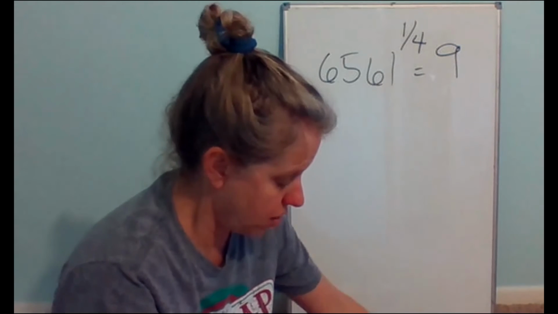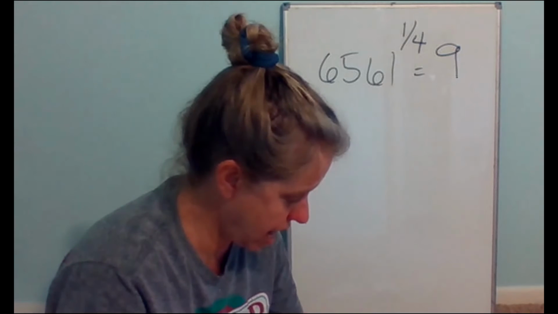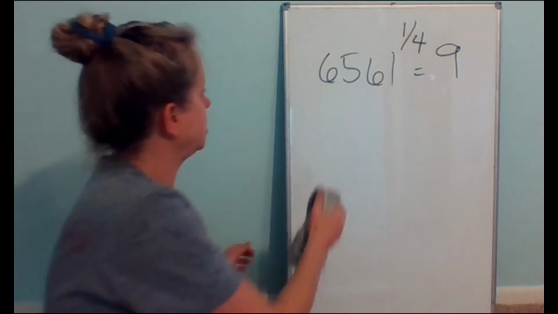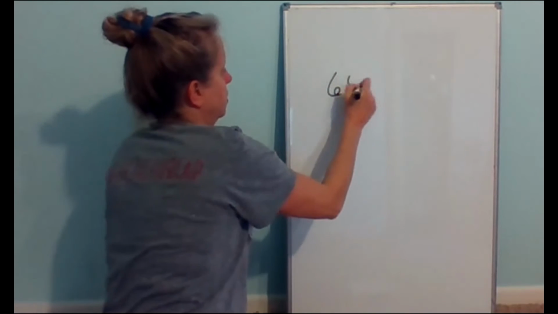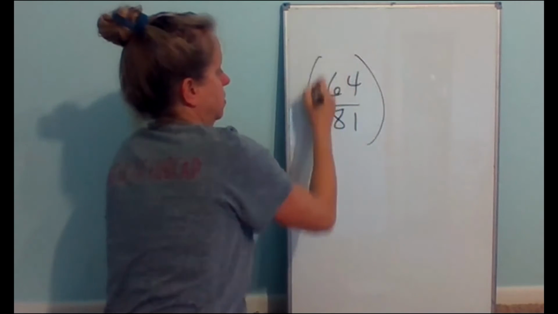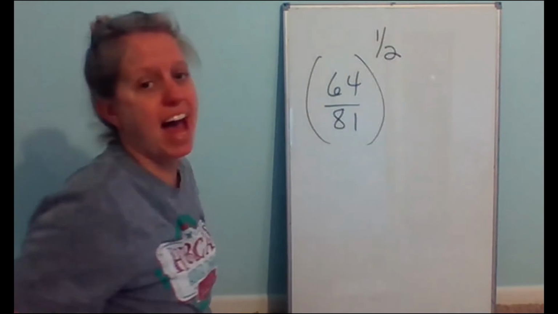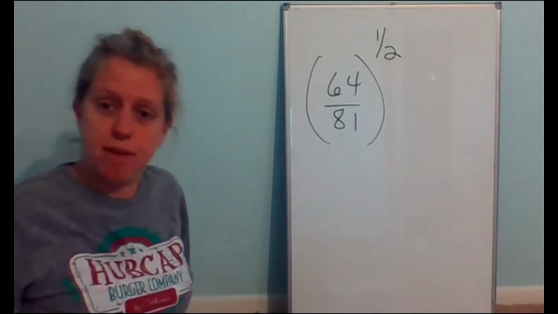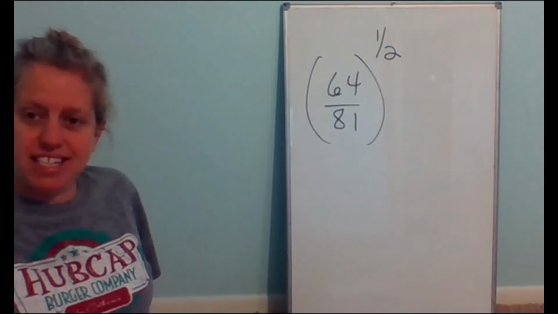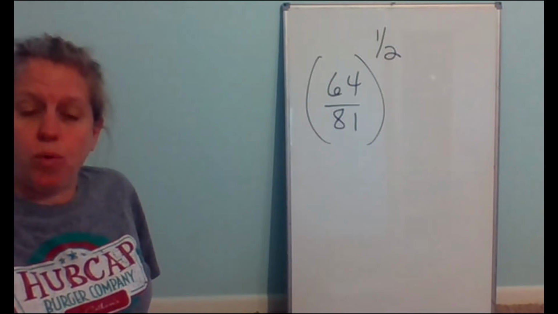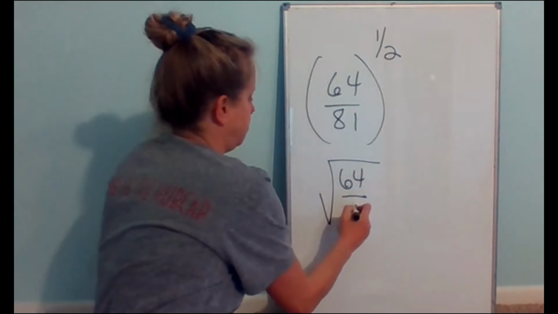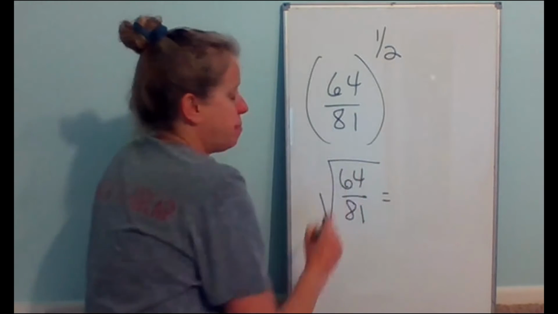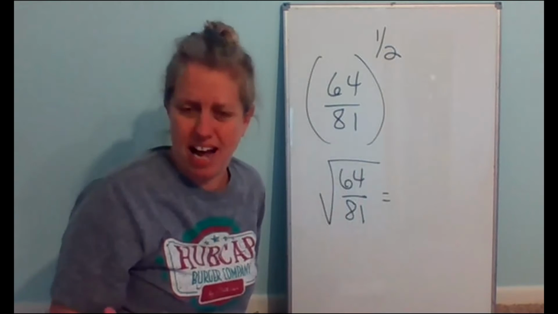Okay? Now, let's look at number 4 and see what it means. I have 64 over 81 to the 1/2 power. Now remember, raising something to the 1/2 power is the same exact thing as taking the square root of it, right? Remember, we did square roots of fractions in 10.1. You just think of them as separate problems, kind of, right?